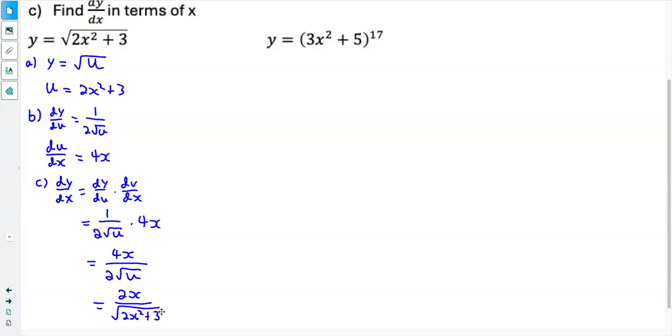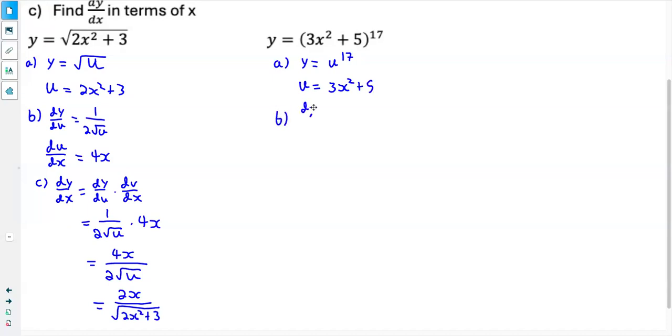Okay, so we're going to do the same thing with this one. We need to break it up into a function for y and a function for u. So our function for y, in terms of u, would be the outer function, which is going to a power of 17. So y equals u to the power 17, while u is going to be this inner function, which is 3x squared plus 5.